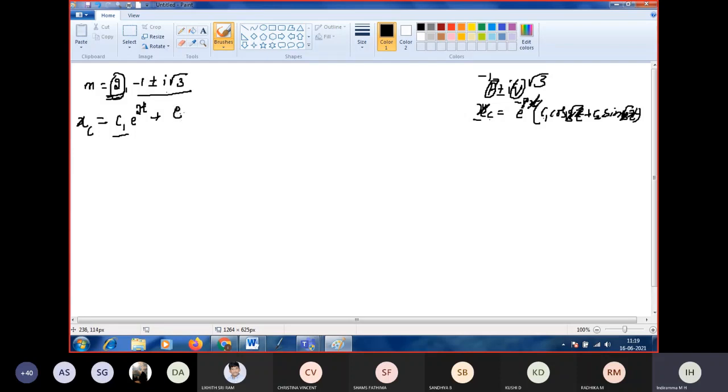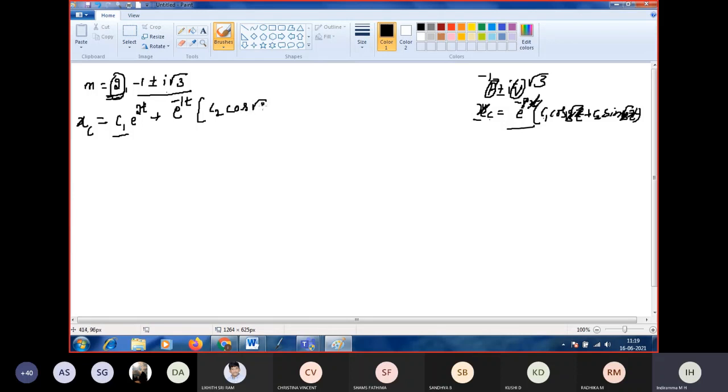Before that, here we have a term e power minus pt. Here e to the power of px, right? So here p is minus 1. Minus 1 instead of x, t into c2 cos qx.